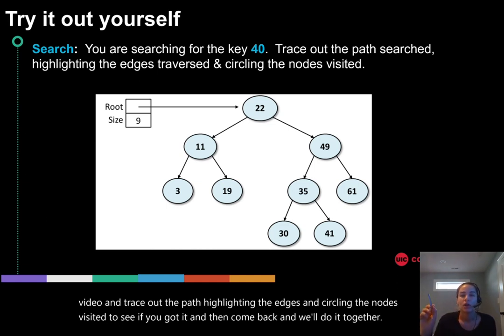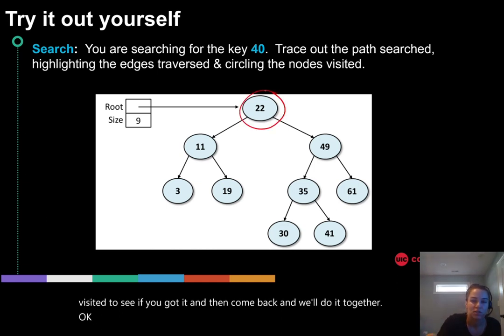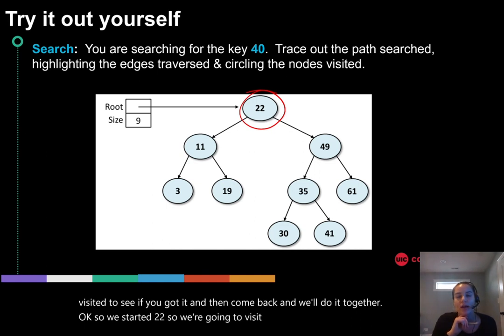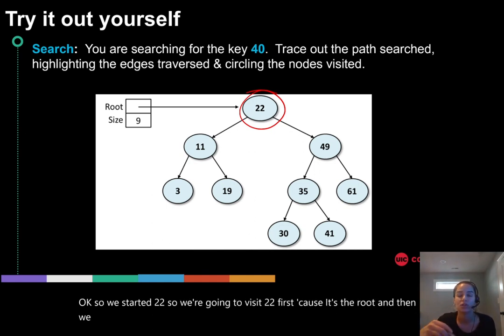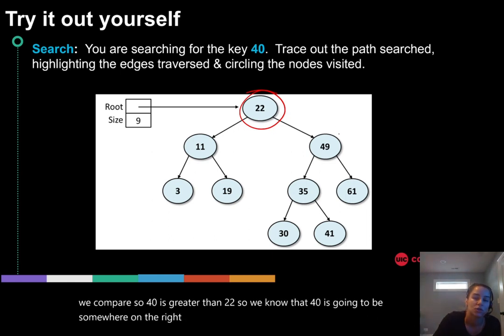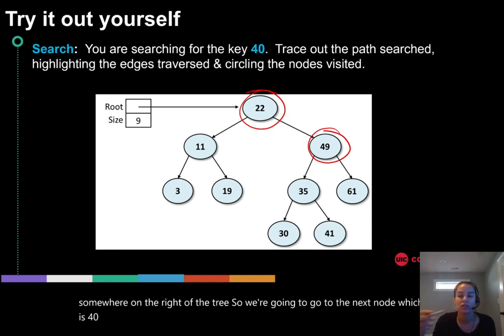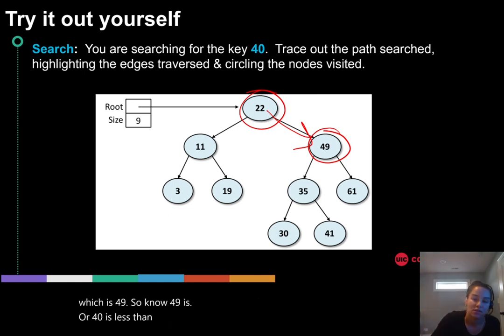Okay, so we start at 22, so we're going to visit 22 first because it's the root, and then we compare. So 40 is greater than 22, so we know that 40 is going to be somewhere on the right of the tree. So we're going to go to the next node, which is 49. 40 is less than 49, which means we need to go left.